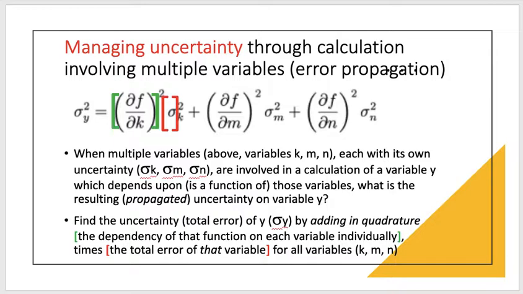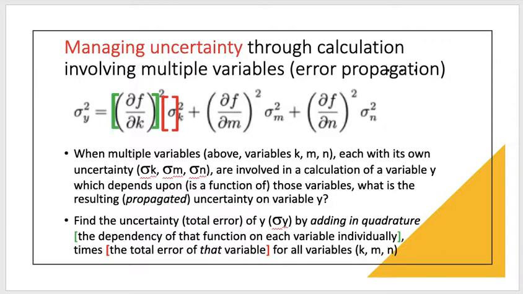So if y equals x squared plus z squared, then how well we know x and how well we know z both have implications for the function. I think I used y twice there, but if y squared equals x squared plus z squared, the point is right that the uncertainty of each of those variables on the right has an implication for how well we know what we calculate from it on the left.